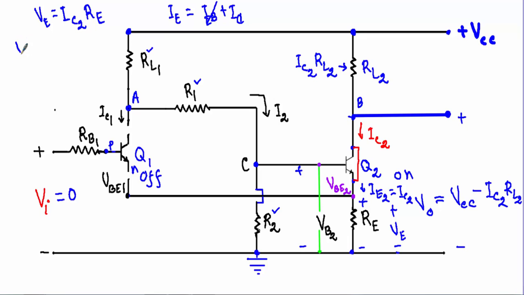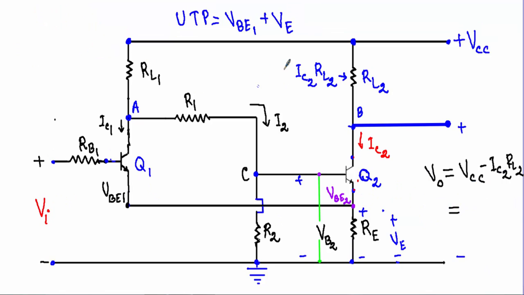Therefore we have to apply a voltage VBE1, in addition to another voltage VE, to turn on the transistor Q1, and this will set a reference level in this circuit, and we call that point the upper triggering point, and this voltage VBE1 plus VE is known as the upper threshold voltage.